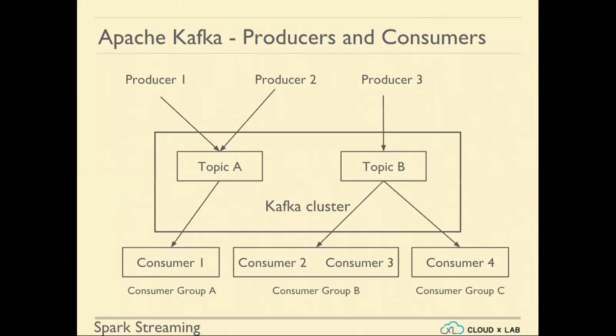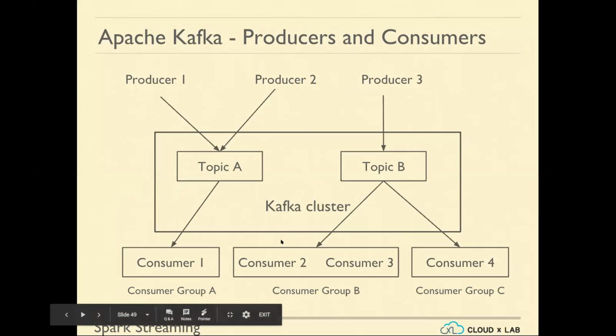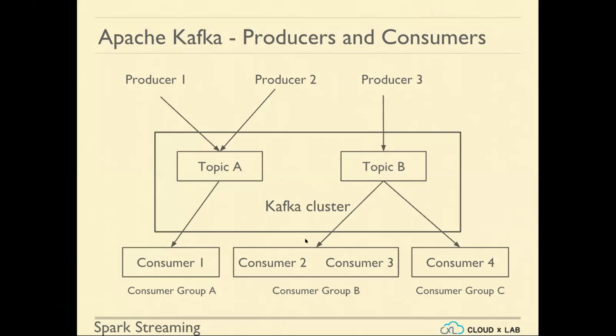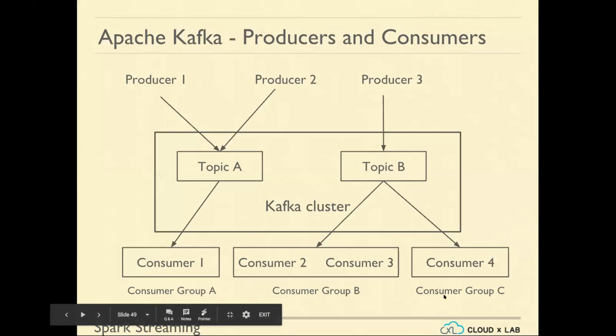And in topic B, there is an interesting thing going on. Only producer 3 is producing, and consumer 2, consumer 3, and consumer 4 are listening. The interesting part here is this: there is something called a consumer group. So when you have two consumers listening to one topic, whatever is produced by producer 3, one copy goes here, another copy goes here.